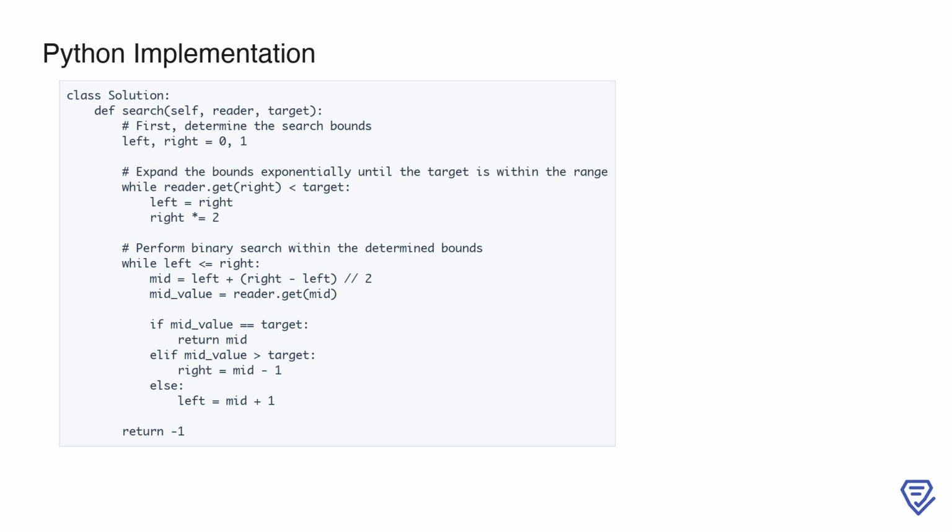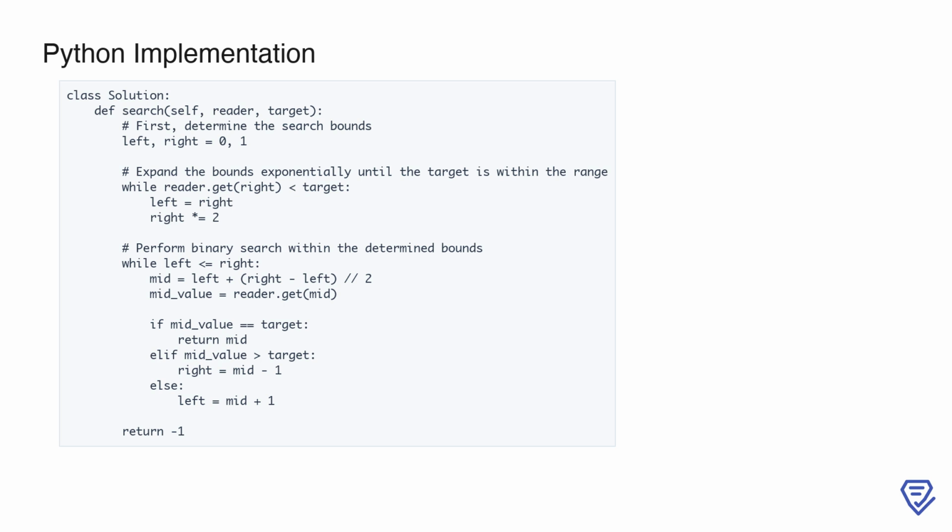If the value is greater than the target, the target must be in the left half, so we update right equals mid - 1. Conversely, if the value is less than the target, the target must be in the right half, so we update left equals mid + 1. If the loop exits without finding the target, we return -1, indicating that the target is not present in the array.